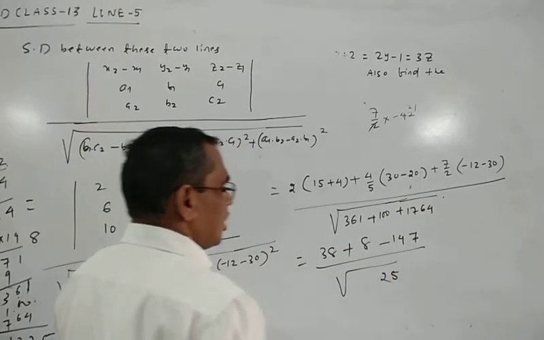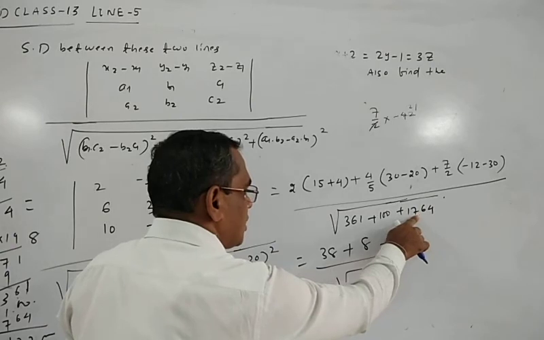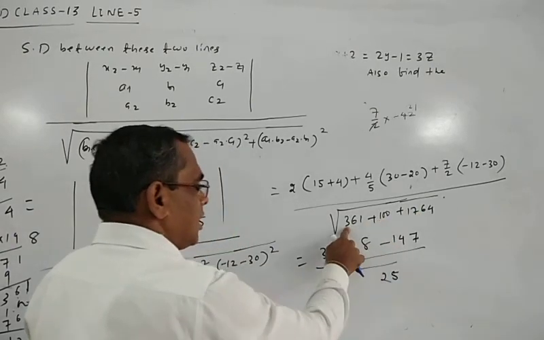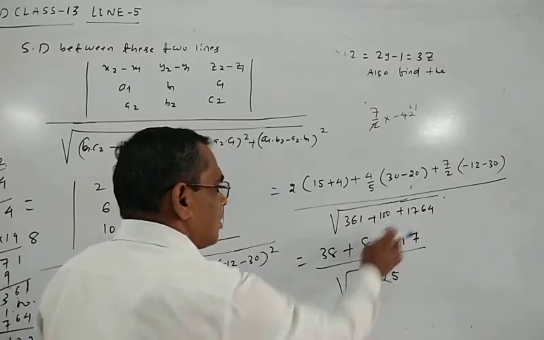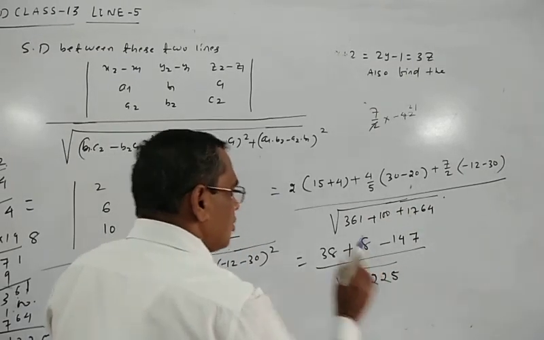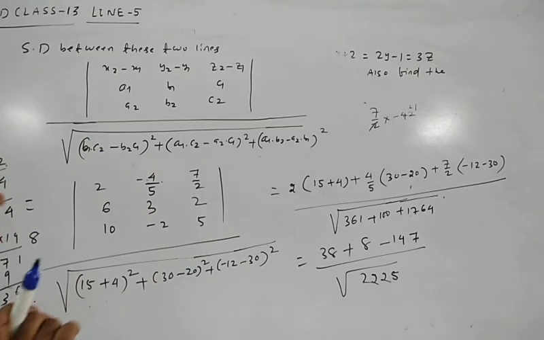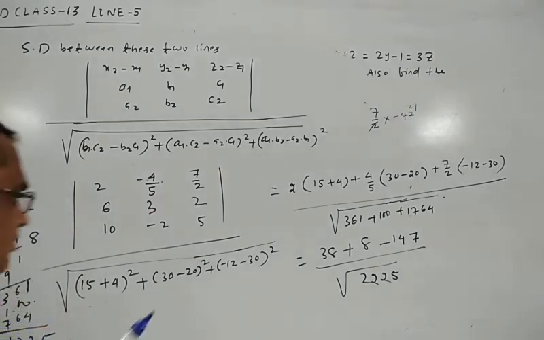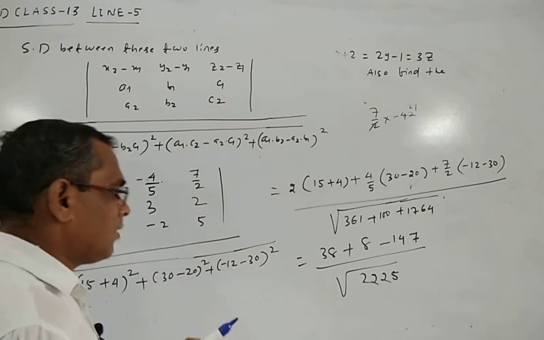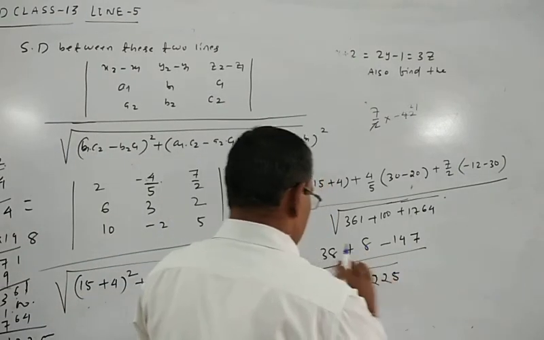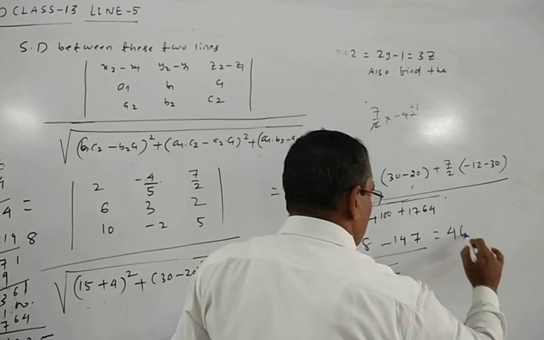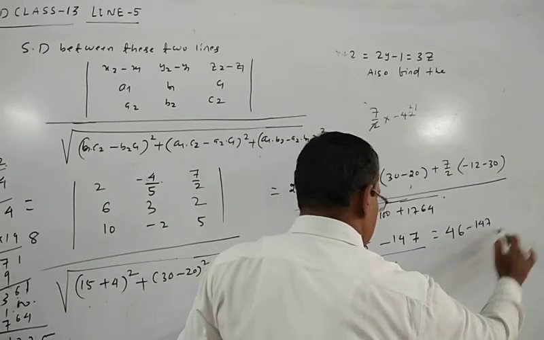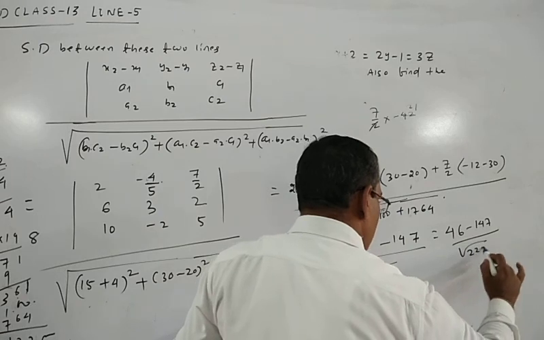Then 8, 8 plus 1, 9, 9 plus 3, 12. So this is equal to 225. So this is equal to 46 minus 147 by root over 2225.